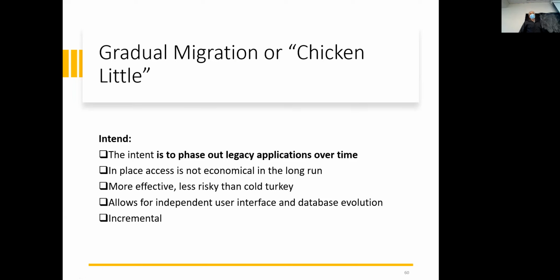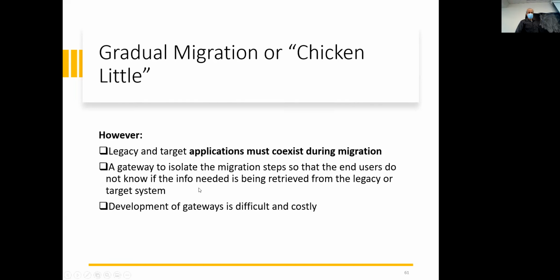So it's typically more effective and less risky than going cold turkey, just replacing everything in one go, right? So you do a subsystem, you do certain parts, you update it, and you do it bit by bit. However, often we still have both systems in parallel at the same time.